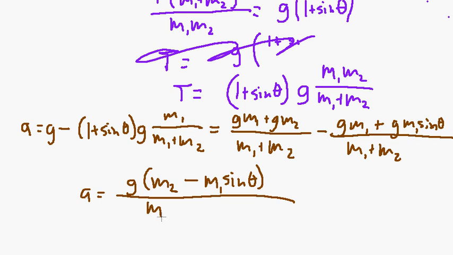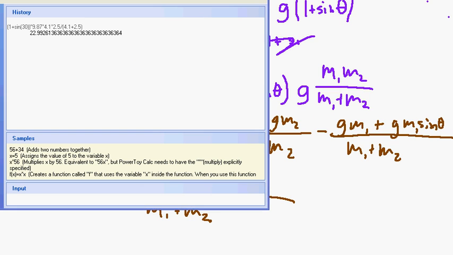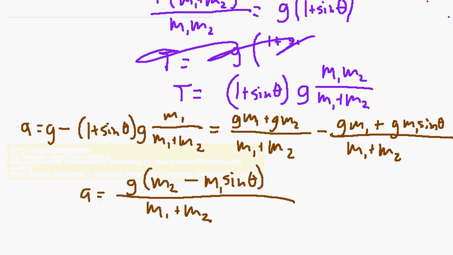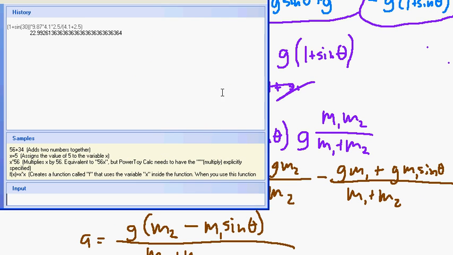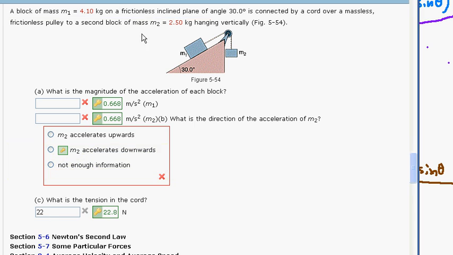I think that looks correct to me, but just for the hell of it, I'm going to do it again with the calculator, since we've already gone this far. Oh man, I'm just rambling now. So 9.81 times, m2 is 2.5 and m1 is 4.1, right?